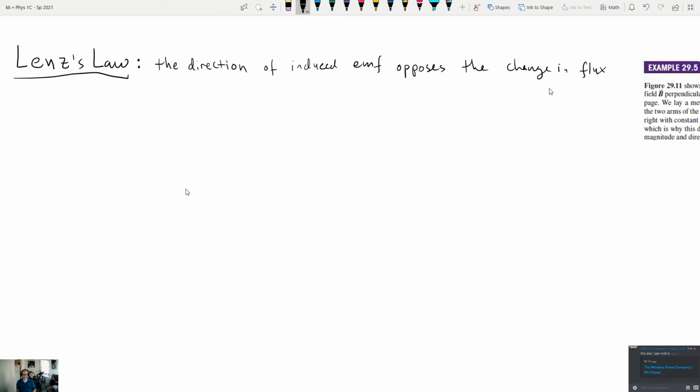So what does that mean? That means that when the flux is increasing, the induced EMF has to be opposite to the external magnetic field. And when the flux is decreasing, the induced EMF is going to point in the same direction as the magnetic field. Does that make sense? I'll write down what I just said.